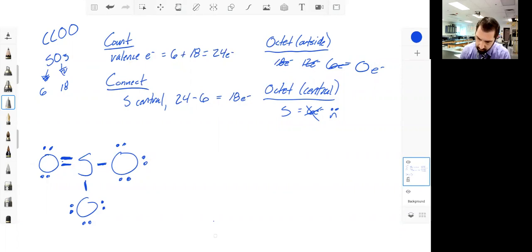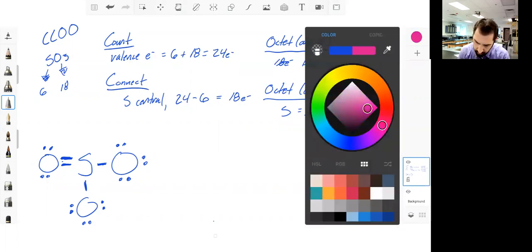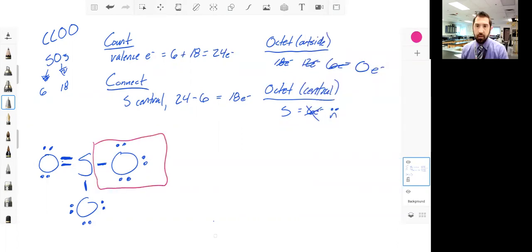Let me change colors. That oxygen's fine. That was never an issue. It's still got its octet. And this oxygen is fine as well. We didn't change anything about those.